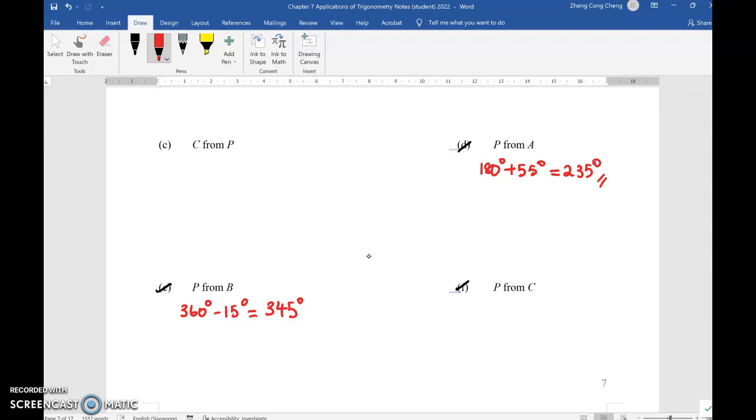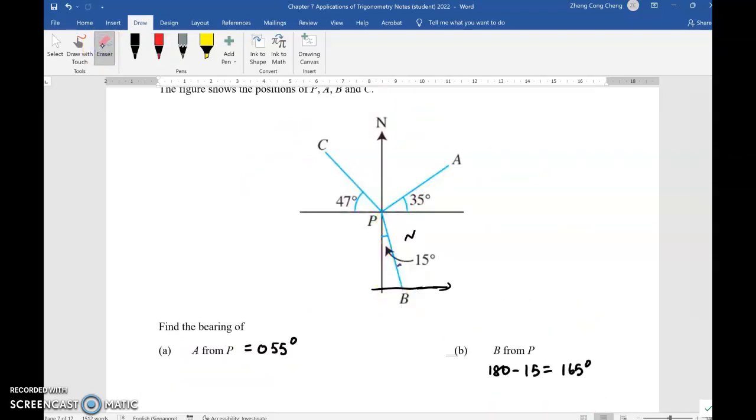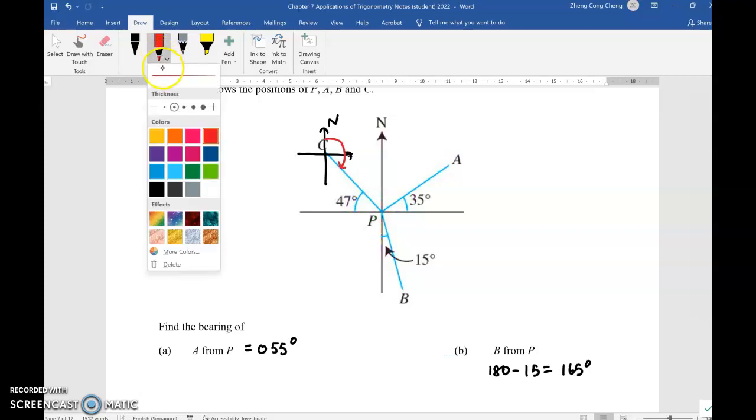Lastly, let's take a look at how we are going to calculate the bearing of P from C. Since it's from C, I have to draw my north now at C. So let me draw a north at C now. And let us think, what is the angle that we are looking for? Since we are turning clockwise, this is the angle that we are looking for.